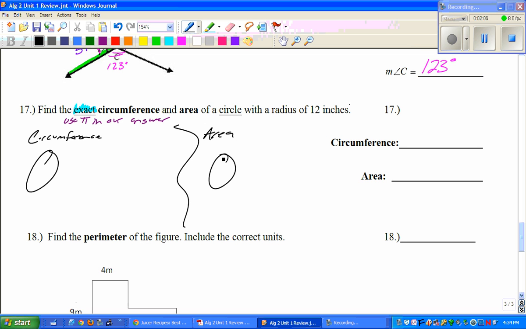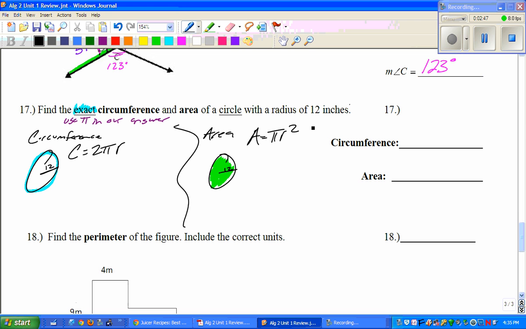Here's our little picture. Those aren't perfect circles, so please don't yell at me. Circumference is pretty much the perimeter, and we should know that area is everything inside.